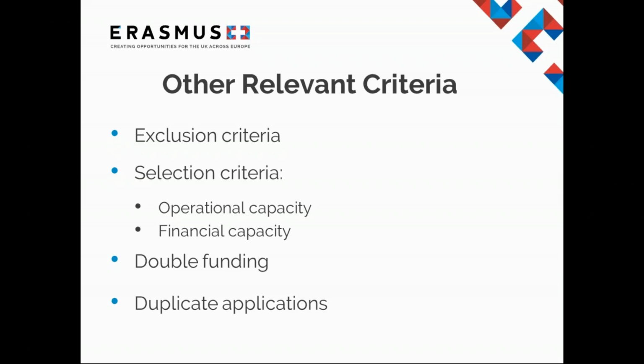The selection criteria includes operational capacity and financial capacity. In terms of operational capacity, applicants need to demonstrate they have the capacity to successfully deliver Erasmus Plus projects and administer them in accordance with the grant agreement and the 2019 Program Guide.